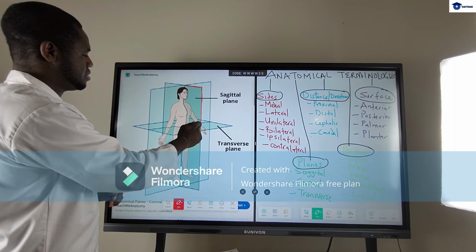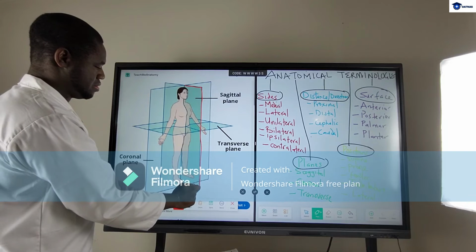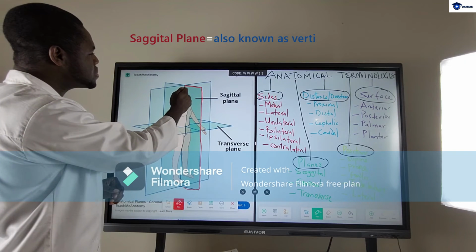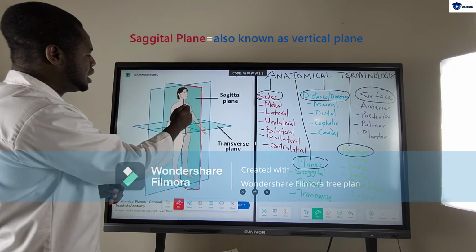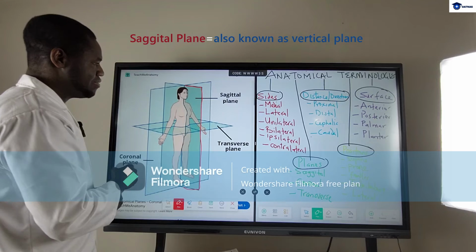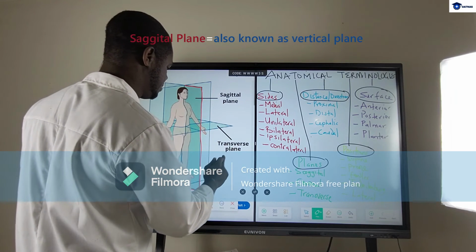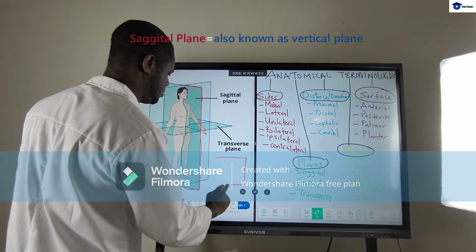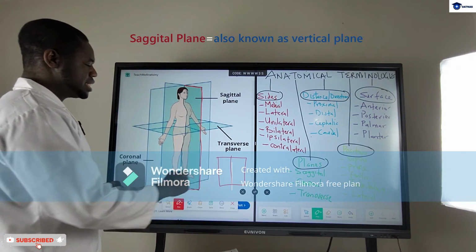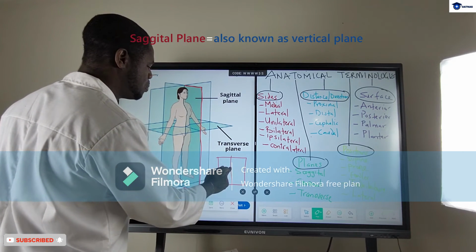You can see the sagittal plane divides the body into right and left. Let me make another illustration here. This is a sagittal plane.